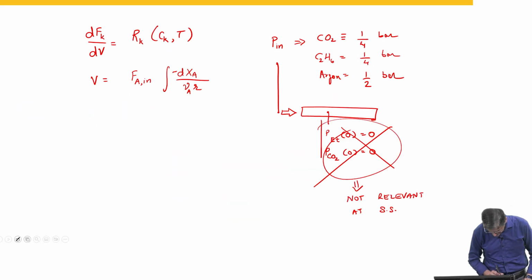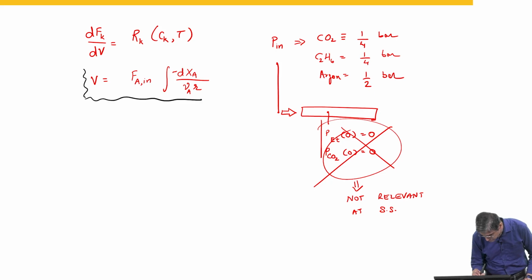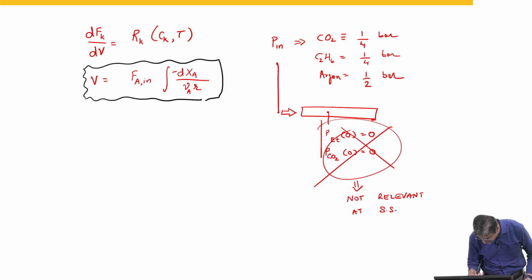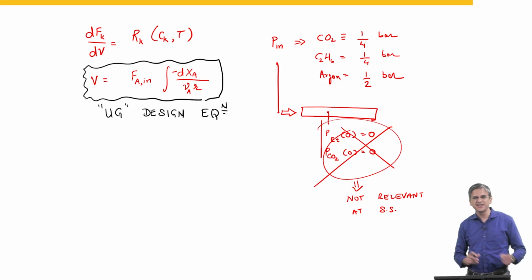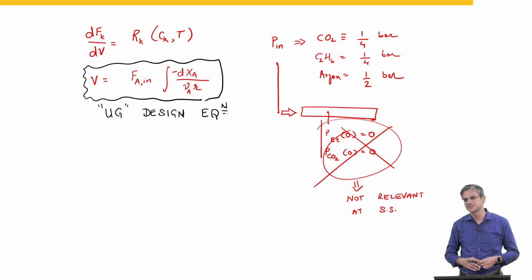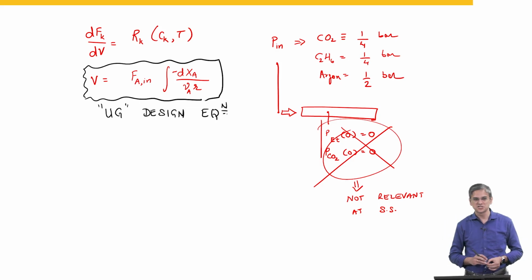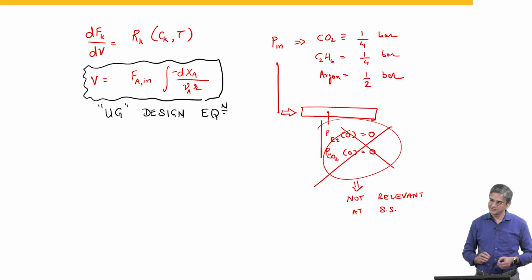Okay, coming back, this is the design equation. I am just saying UG design equation so that you can relate it. It's just a design equation. There's nothing special about undergraduate and postgraduate.